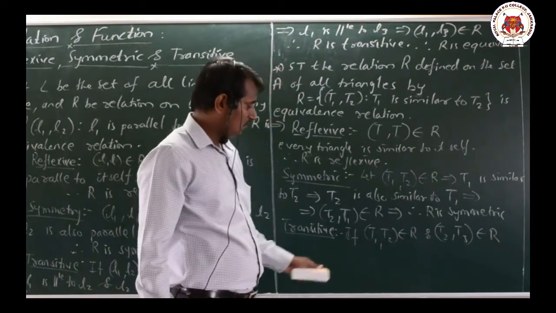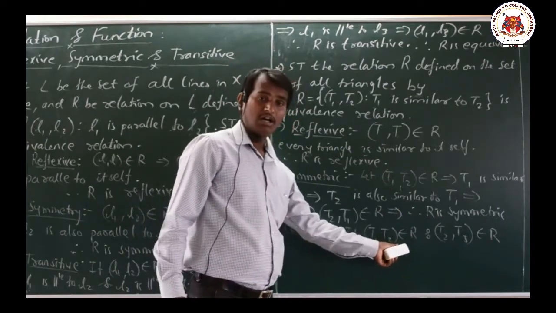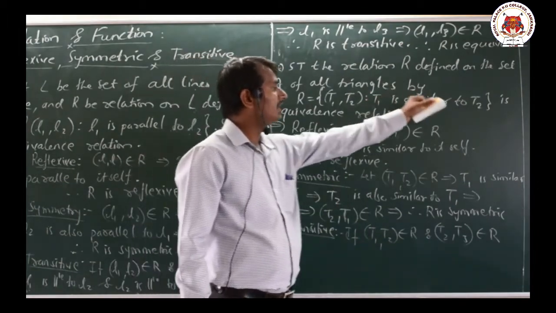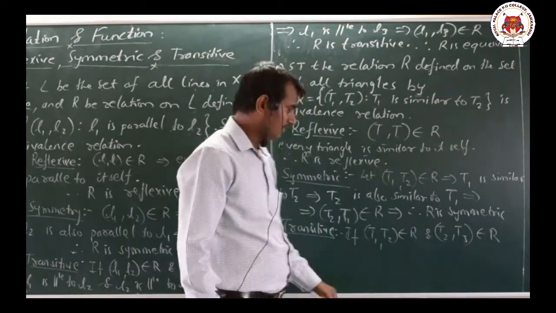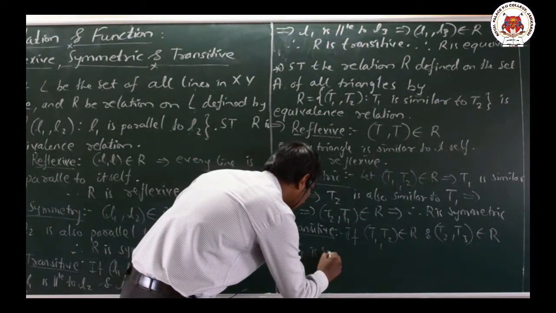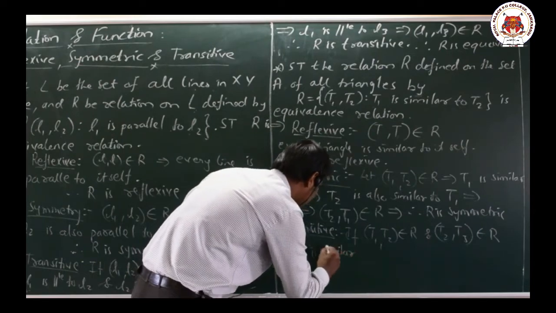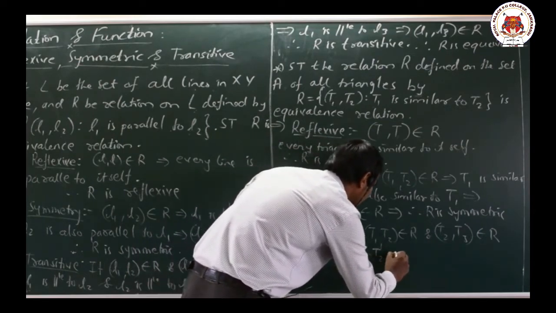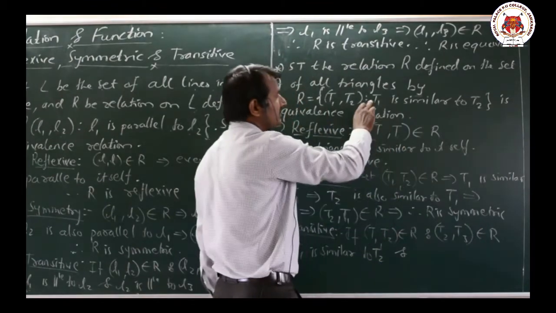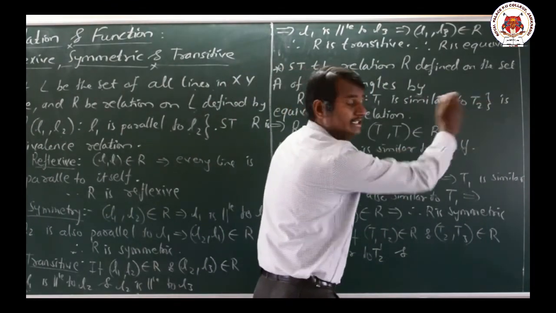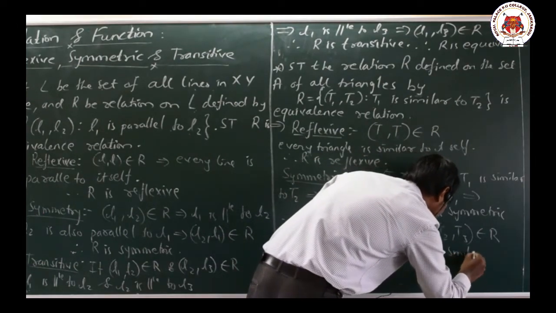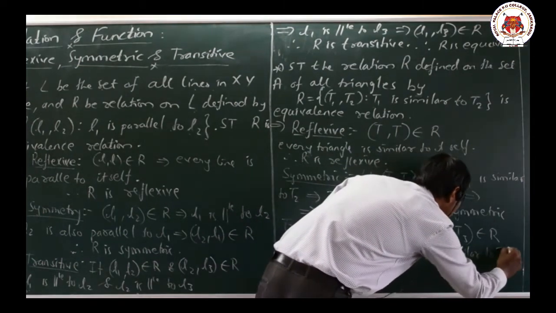Now I will write it. According to the given relation definition, (T1, T2) belongs to R means T1 is similar to T2. And (T2, T3) belongs to R means T2 is similar to T3.